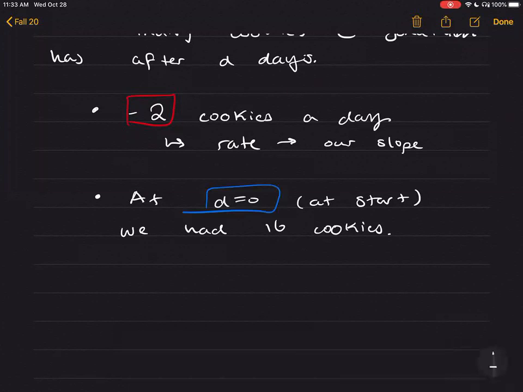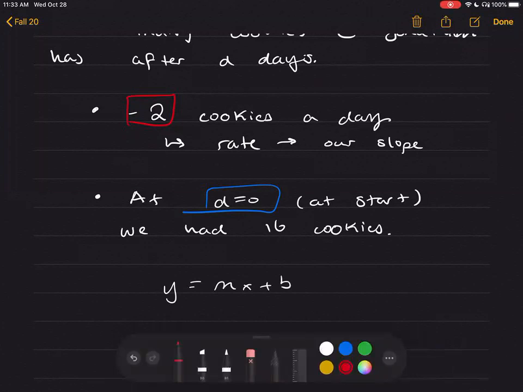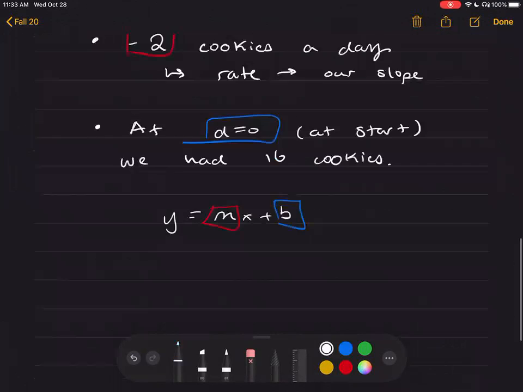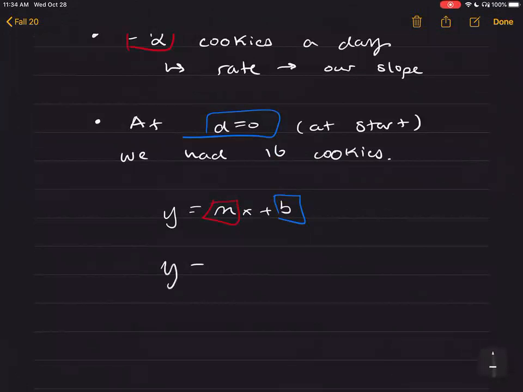And so if we were to write this in y equals mx plus b terms, our slope would then be m, and then our starting point would be this b right here, right? So that would become y equals negative 2 x plus, and then we're starting with 16 cookies.